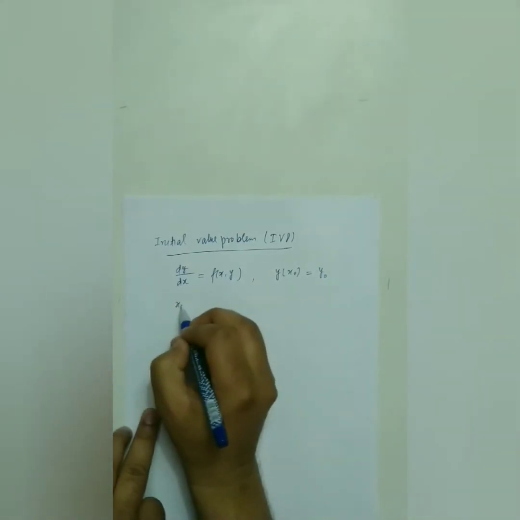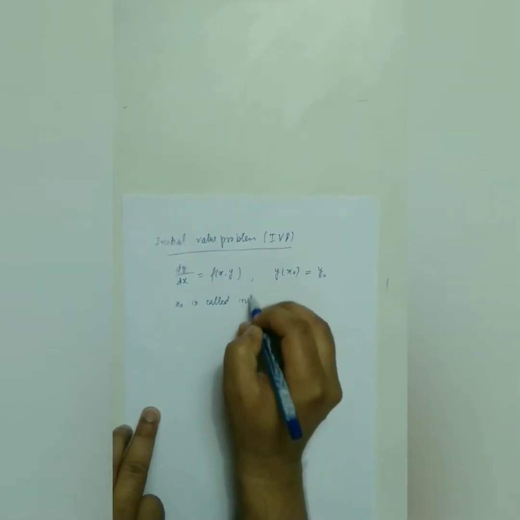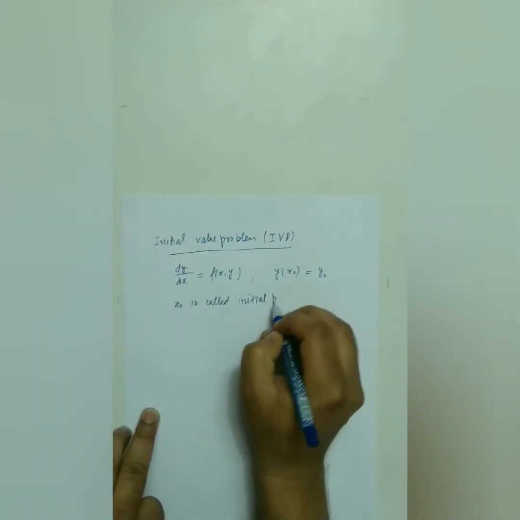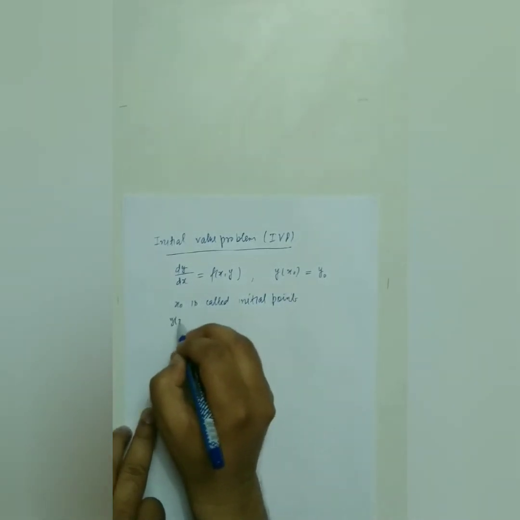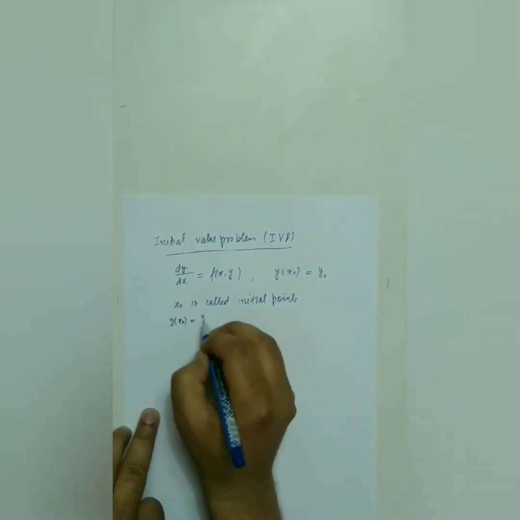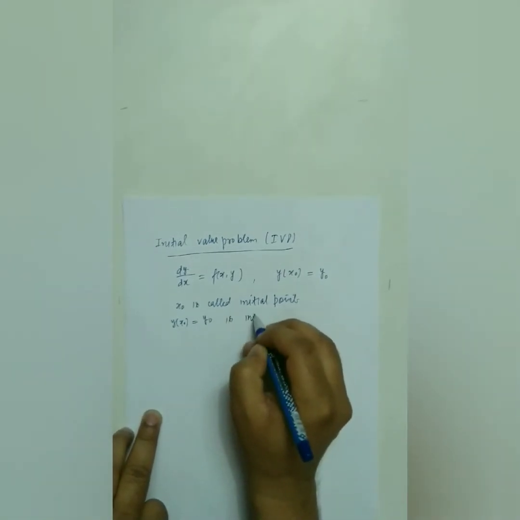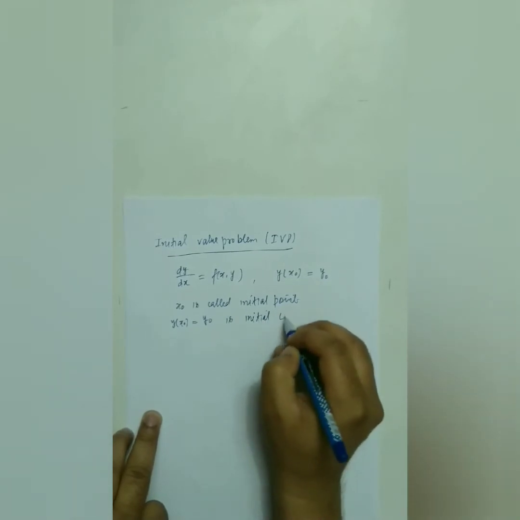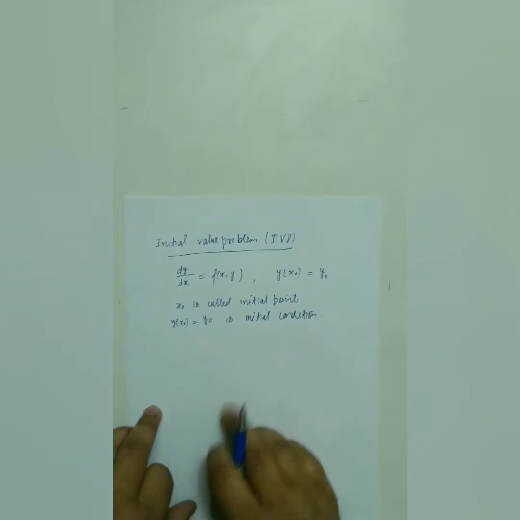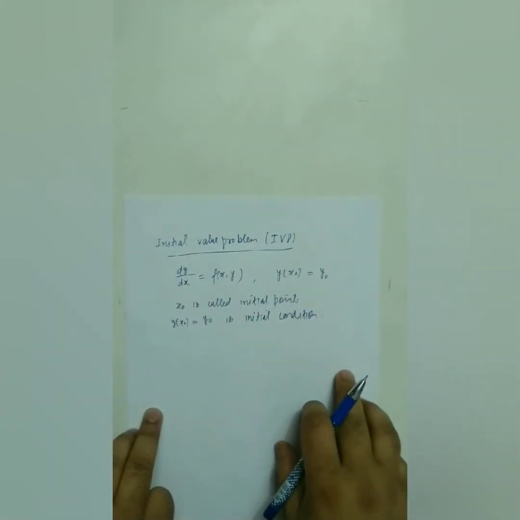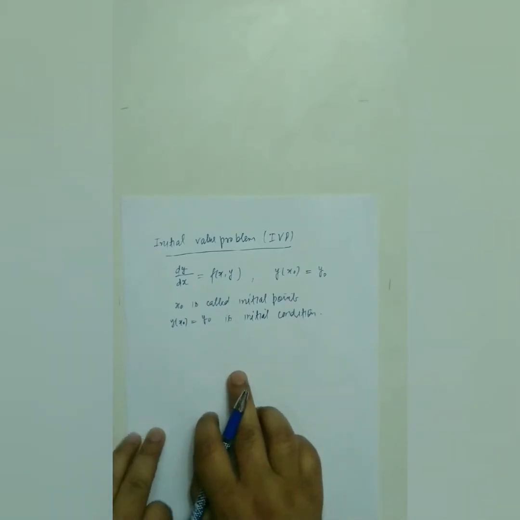Here x0 is called the initial point, and the condition y(x0) = y0 is called the initial condition. So this is a first order initial value problem. Similarly, we can define second, third and higher order initial value problems.